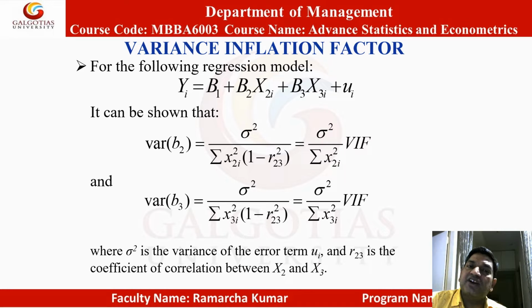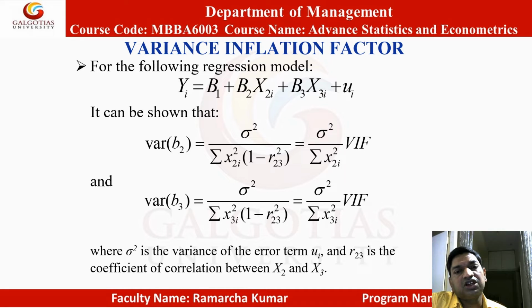Variance inflation factor. For the following regression model, y_i = b1 + b2 x2i + b3 x3i + u_i, it can be shown that the variance of b2 is sigma squared over the summation of x2i squared times (1 - r23 squared), where r23 is the correlation coefficient between x2 and x3.